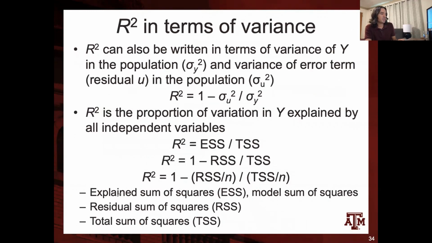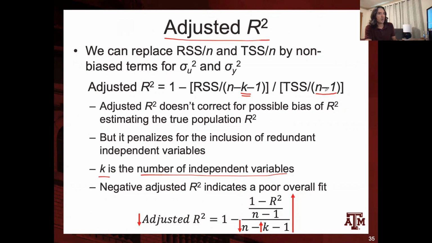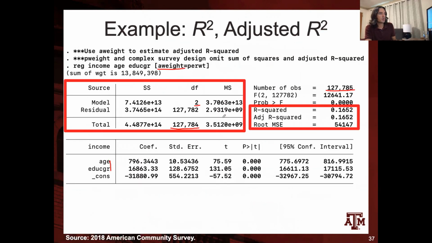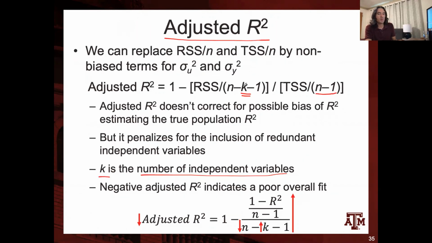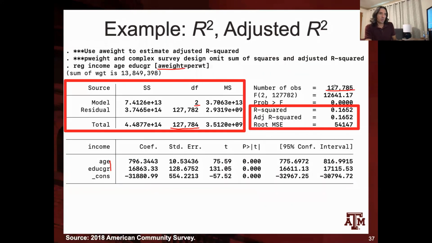I went fast here, but these are the explanations about each one of them. Explained sum of squares, which here is called model sum of squares, residual, and total. So n minus 1, this number is here, sample minus 1. And this number here, n minus the number of independent variables minus 1, is 127,785 minus 2 variables minus 1, this number here.